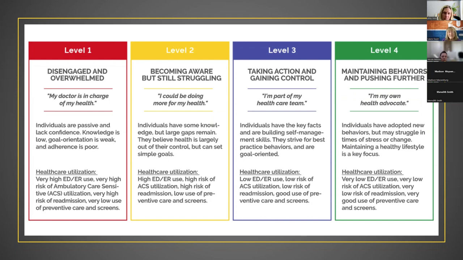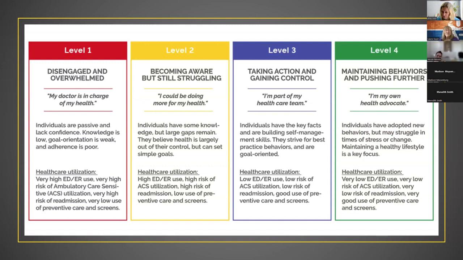When we're at level 1 and we're feeling very dependent, passive, and lacking confidence, healthcare utilization looks like we're depending heavily on using the ED. We're having a more difficult time with preventive care and screenings. The ED is the place where we don't want to be going, certainly for preventive care or for routine care.